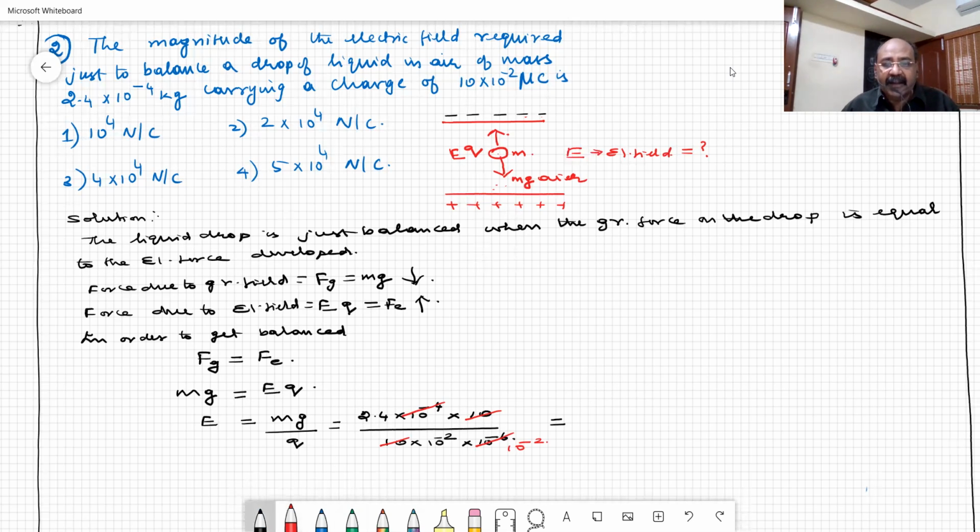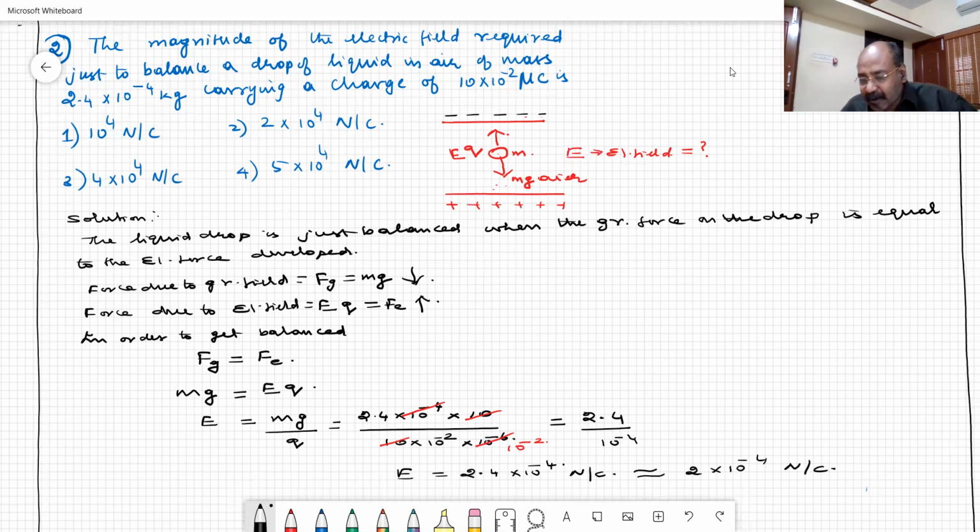On simplifying, you will get 2.4 divided by 10 power minus 4, which means the electrical field E is equal to 2.4 into 10 power minus 4 Newton per coulomb or volt per meter, which is nearly equal to 2 into 10 power minus 4 Newton per coulomb. You can get this value as 2 into 10 power minus 4 if you put G is equal to 9.8 meter per second square instead of 10.